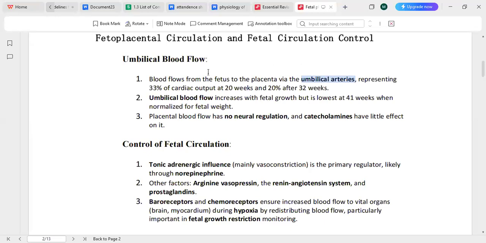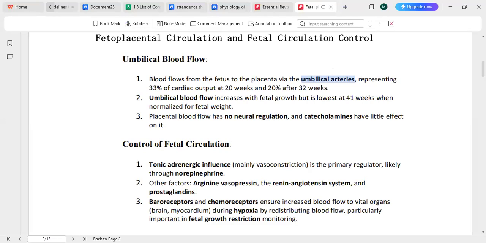We want to clear the deoxygenated blood from the fetus, and there is only one way: we can use only the placenta for this purpose. So umbilical arteries carry deoxygenated blood. Very nice. And umbilical veins give oxygenated blood from the mother to the fetus.